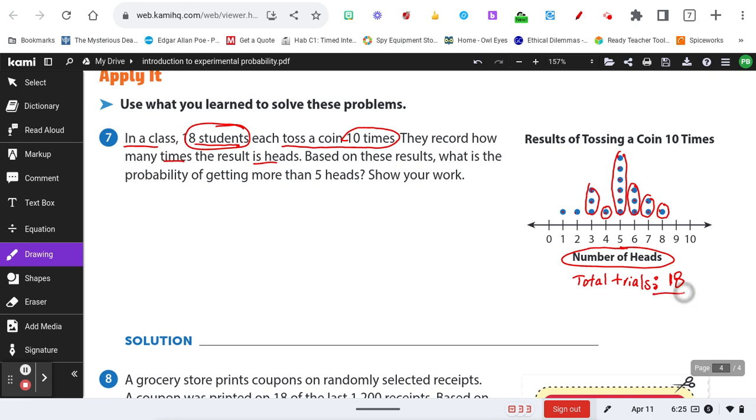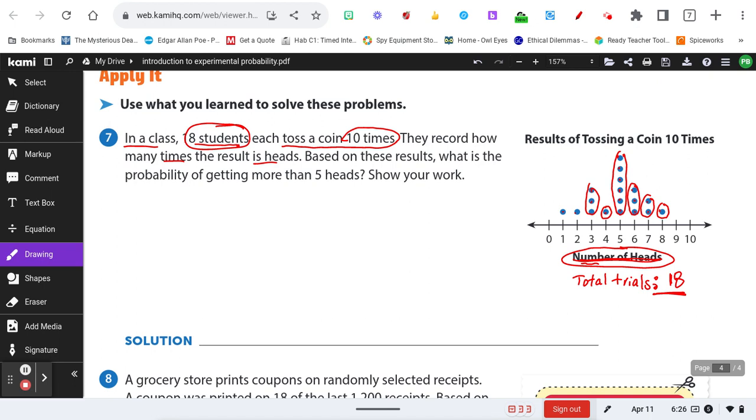This represents the number of times each student landed on heads, not the number of times one student landed on heads, but each student. If it was one student, it'd be out of 10, because one student only flipped it 10 times. But I'm looking at all 18 children. So my total number of trials is 18.